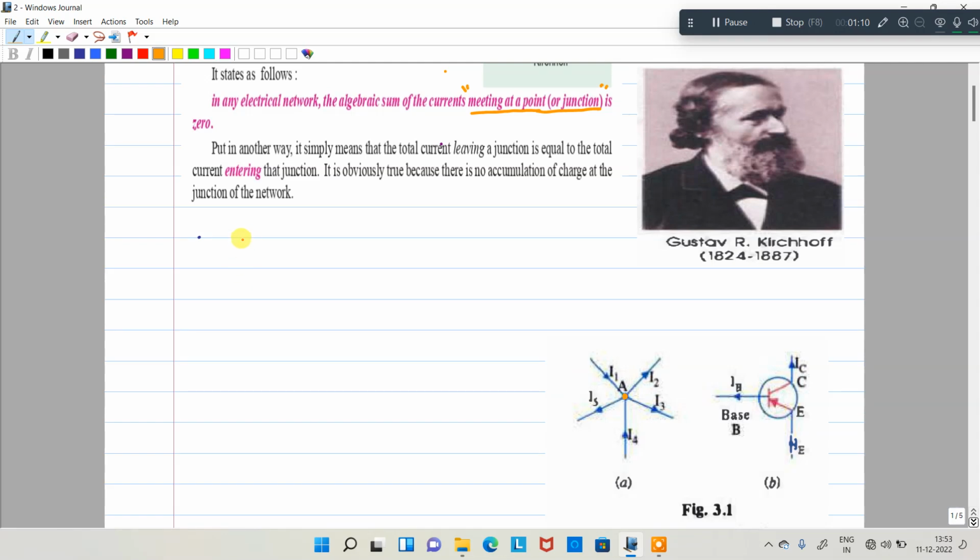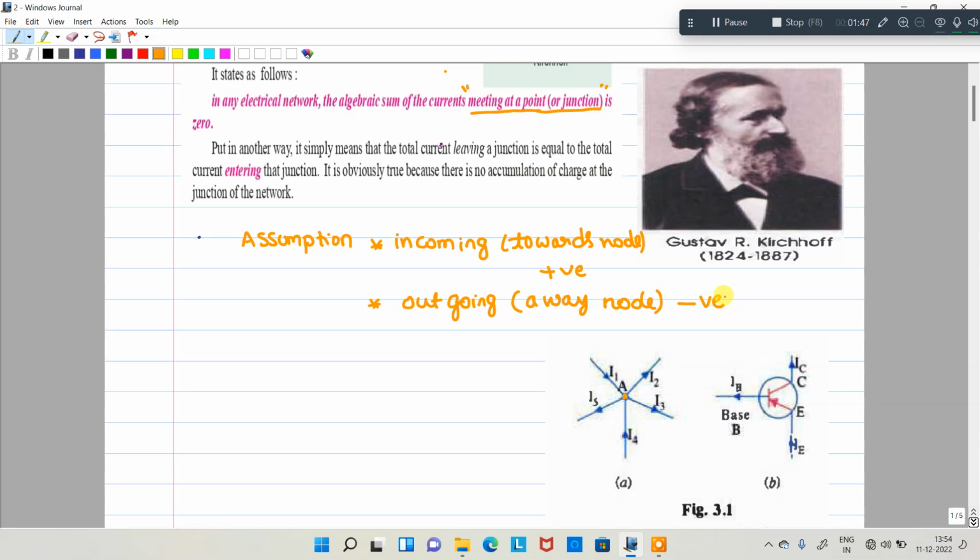In this case, my assumption here, and this is only an assumption: incoming currents, towards the node or junction, we make positive. Second assumption: outgoing currents, away from the node, we consider negative.